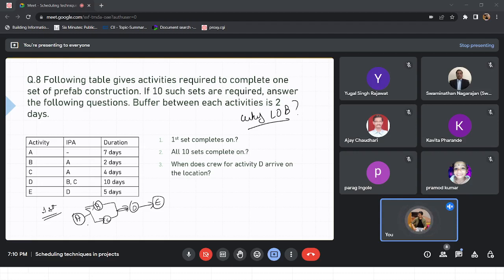Now if we can do it for one, why not for the second? I will fill in the durations also: 7, 2, 4, 10, 5, and a buffer of 2 everywhere.